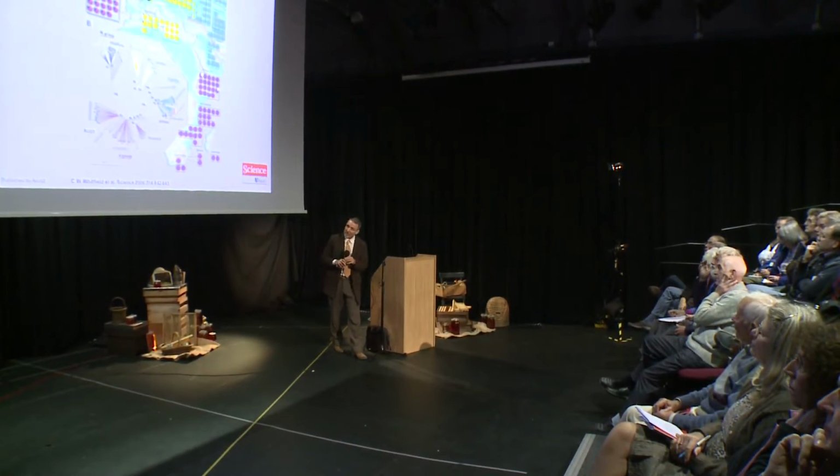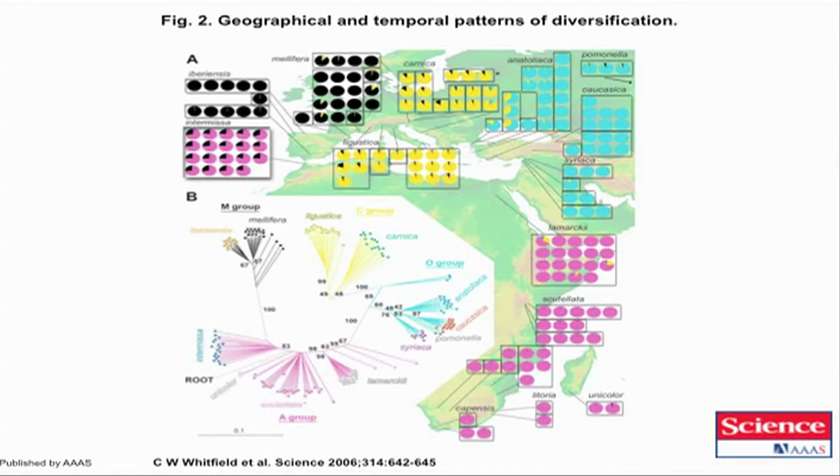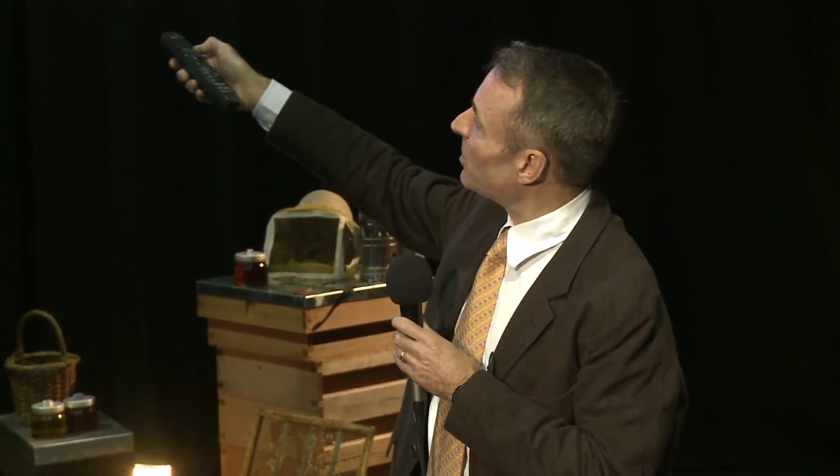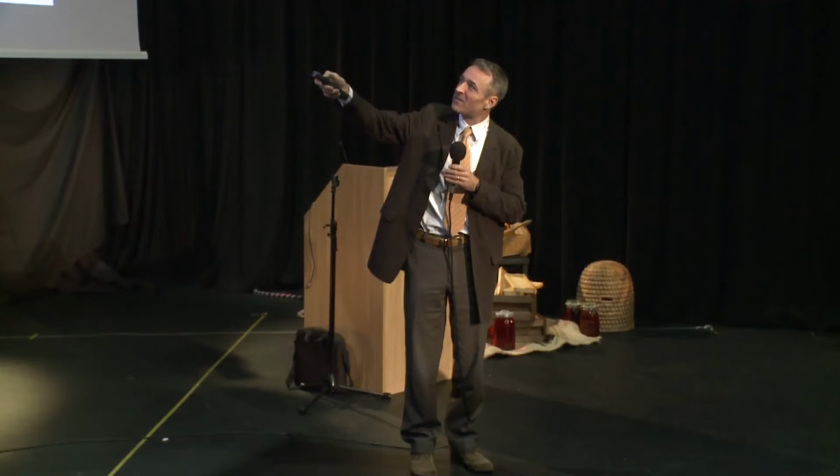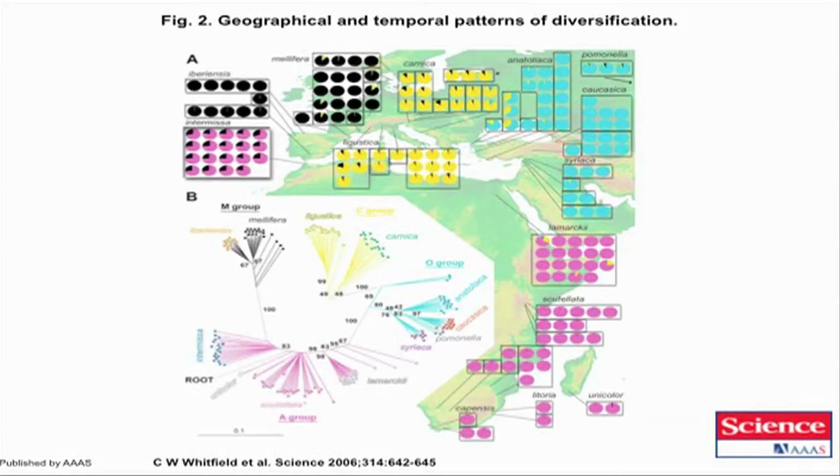And there's been a very influential paper that came out in 2006 by Charlie Whitfield at, I think, Illinois State University, in which he didn't genotype lots of honeybees, but he looked at so-called SNPs, single nucleotide polymorphisms. Basically, he looked at variability across the whole genome of hundreds of individuals of honeybees from around its natural distribution. And what we see in the colour patterns, you can see those individuals that are genetically similar. Africa has these pink ones, so they're all very similar.